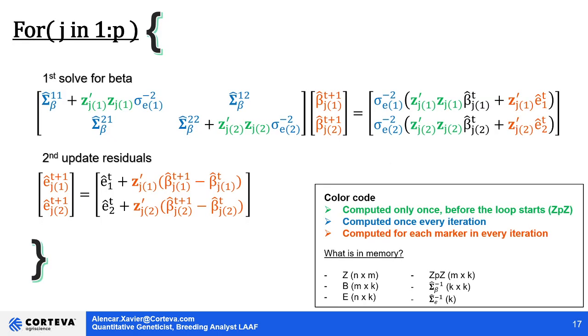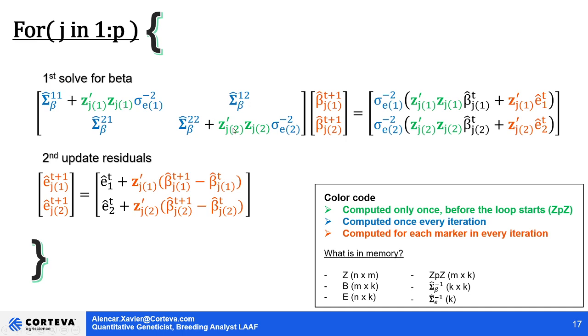Here I'm just further depicting how that loop would look. Basically I'm color coding what we compute once, what we compute once every iteration, and what we compute for each marker within each iteration. In green are things that we compute before even starting the loop.